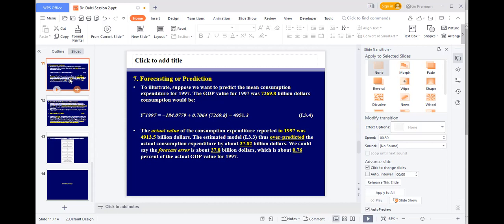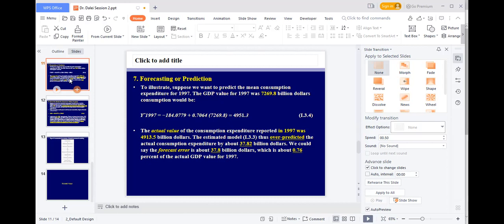One more point I want to tell you: suppose your data for the year 1997 is available, but you are not using that year in your model, rather you are using data till 1996, and you have estimated the model. Then you predict and forecast till 1997, and you will get the predicted or forecasted consumption expenditure.